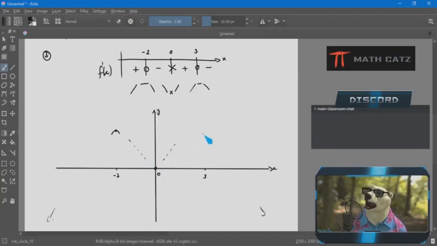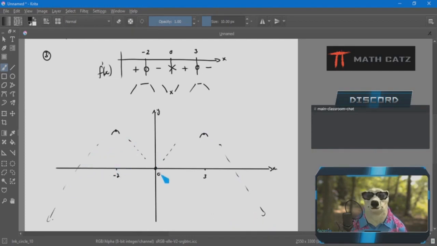A turning point at 3. They don't tell me the y values, so I have the freedom to just position it in a comfortable place. But it has to be above the x-axis. There's no other way, because I'm going up from 0 to it and then down to negative infinity eventually.